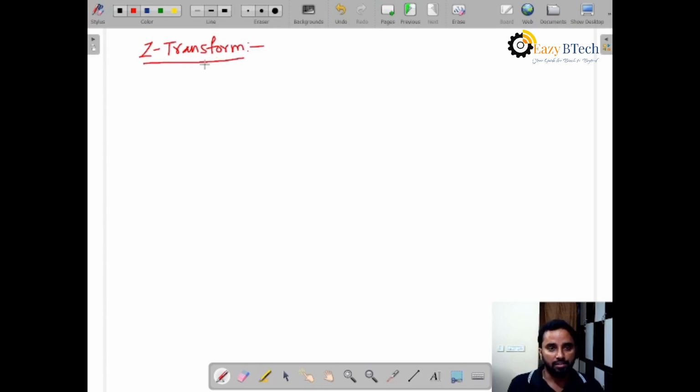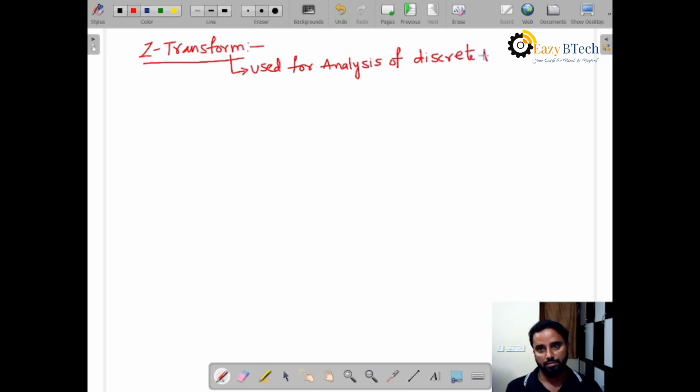So actually, what is the use of this Z transform? I am telling that the Z transform is used for analysis of discrete time signals and systems.